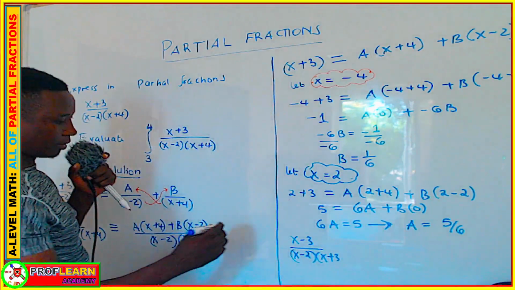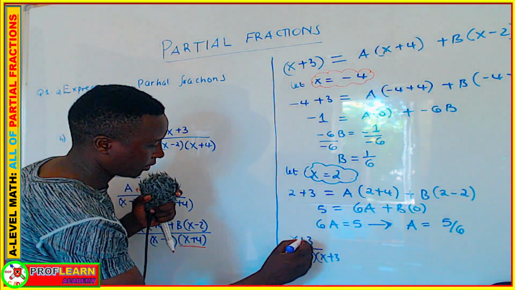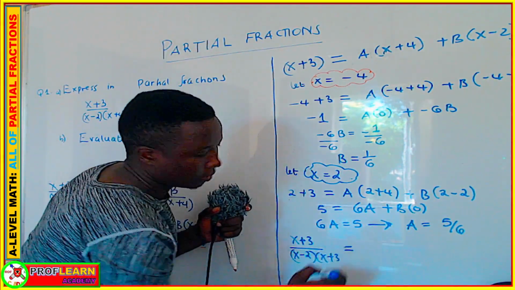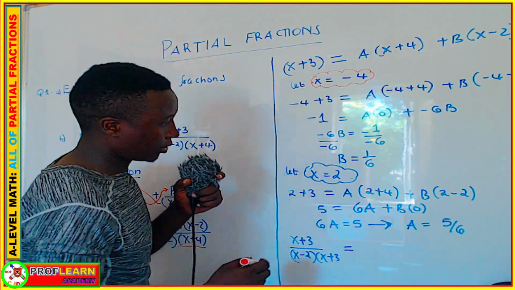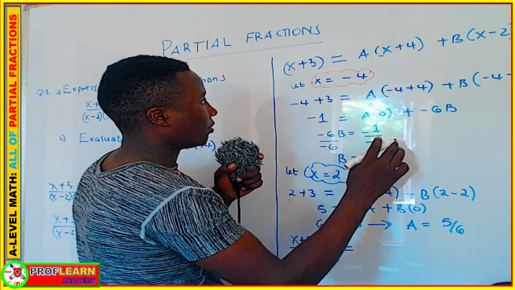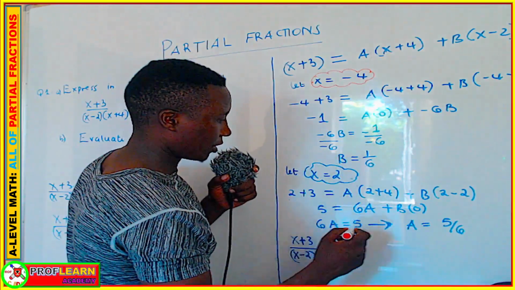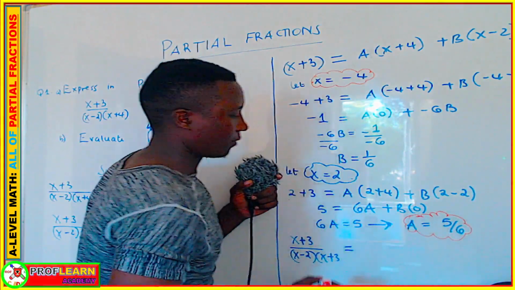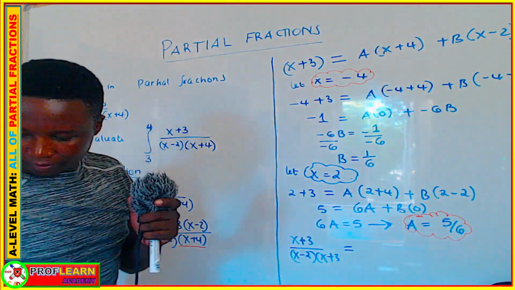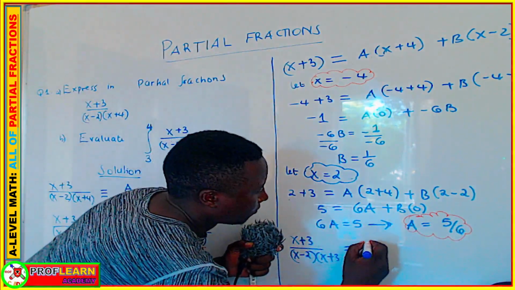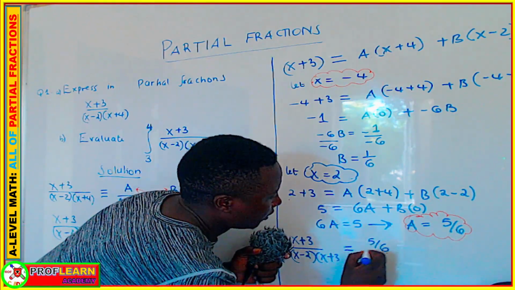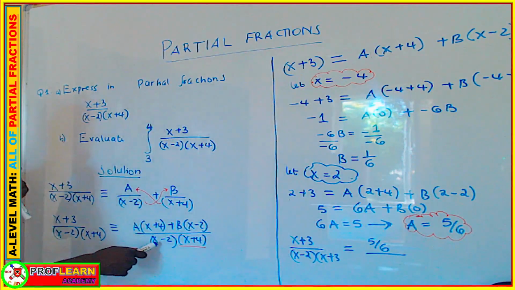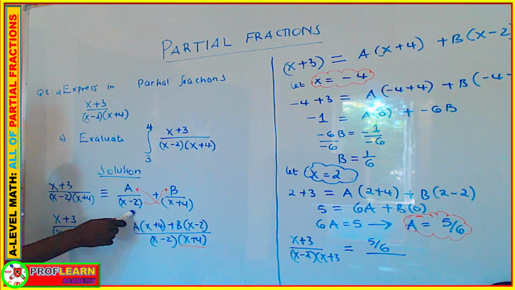This can be written as a, and we got our value of a here. So our expression can be written as 5 over 6 over x minus 2, plus 1 over 6 over x plus 4.